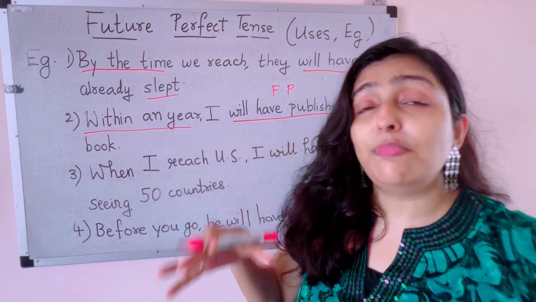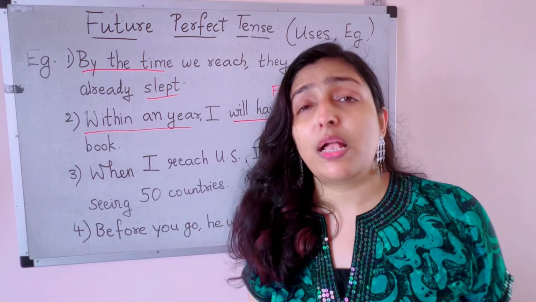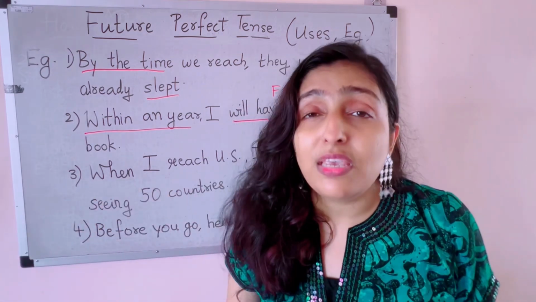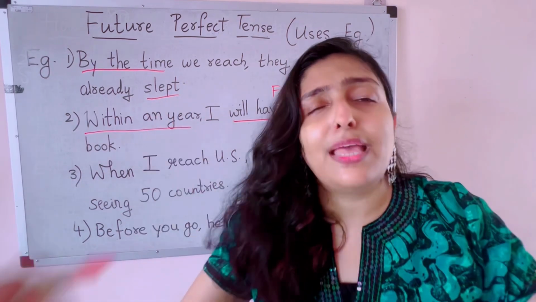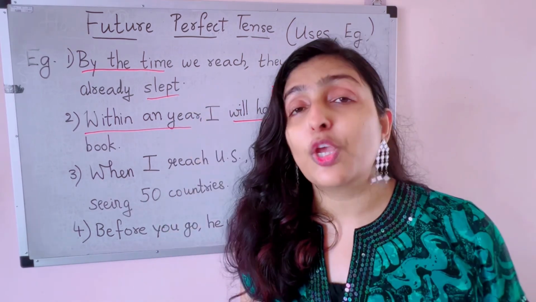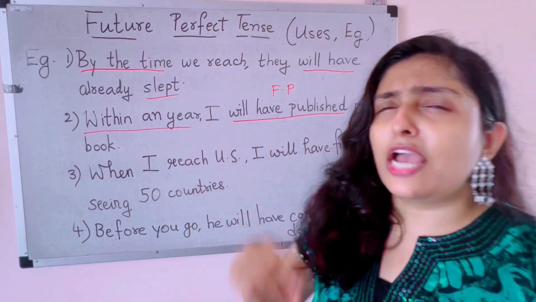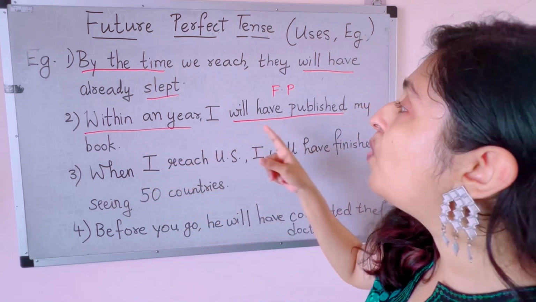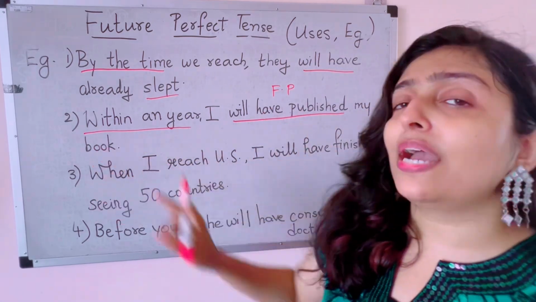It means, I mean to say that it would take many months for me throughout the year, from the beginning to the end of the year, to write the book, to launch the book, and to get it in front of the world, to launch and get it circulated among the public. It would take 1 year. But I assure you, it's my guarantee, it's my assurance that within 1 year, I will have published my book.